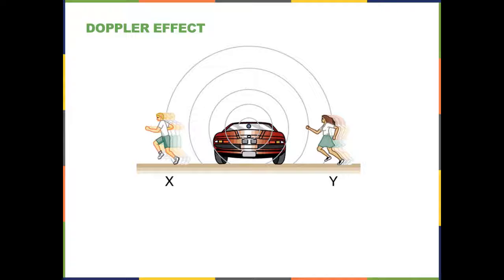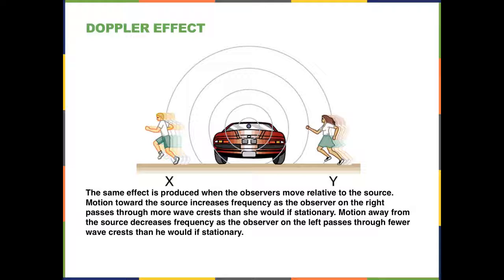Now here we have a situation where the source is stationary, but now the two observers are moving. X is moving away from the source, Y is moving toward the source. The same effect can be produced if the observers move relative to the source.